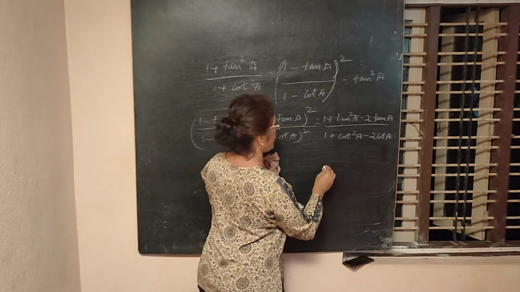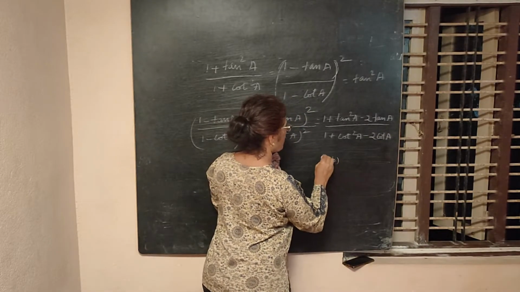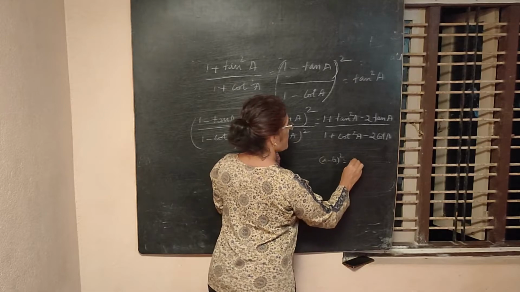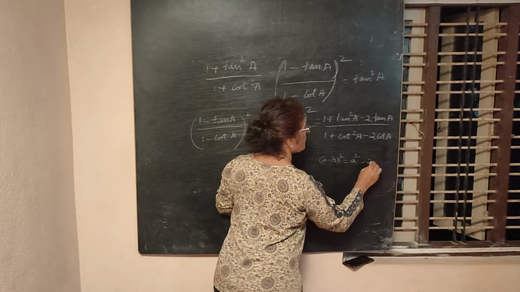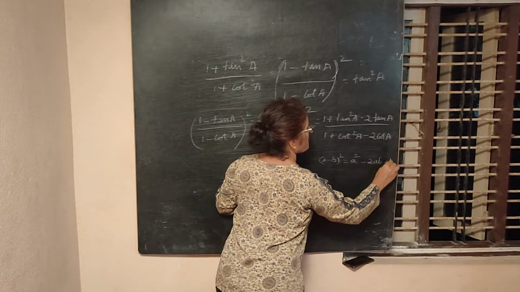Using the identity A minus B the whole square is equal to A square minus 2AB plus B square.